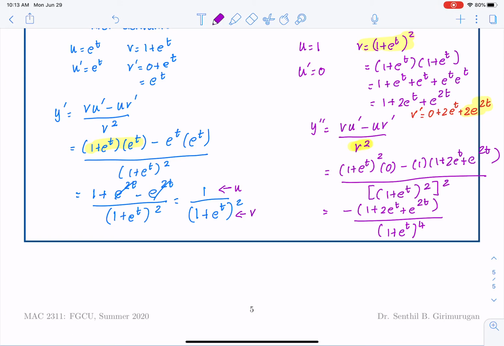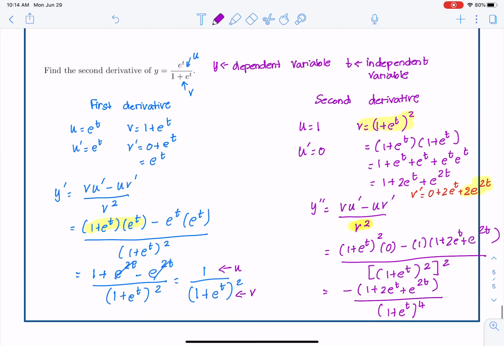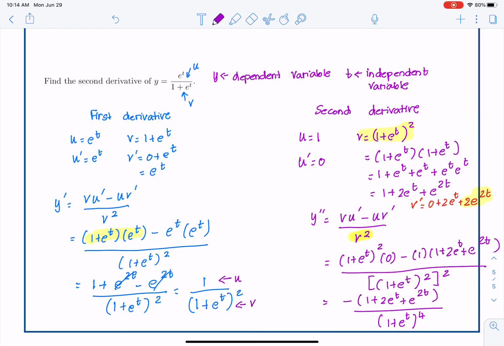So the key things to remember with product rule, quotient rule, is that with product rule, it doesn't matter whether you change the v and the u, the rule pretty much will remain the same. But as far as quotient rule is concerned, I would recommend that you keep the numerator as u, denominator as v, so the formula remains consistent.